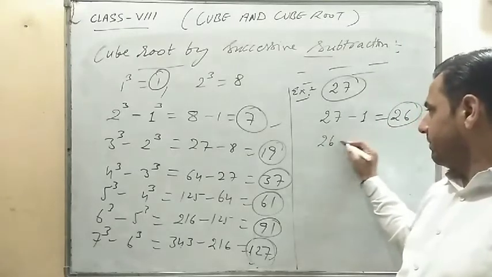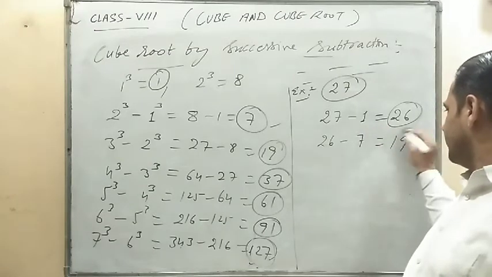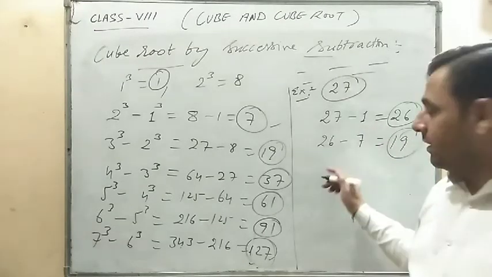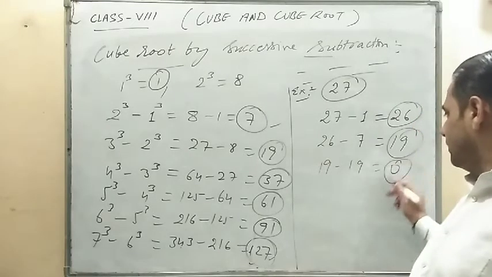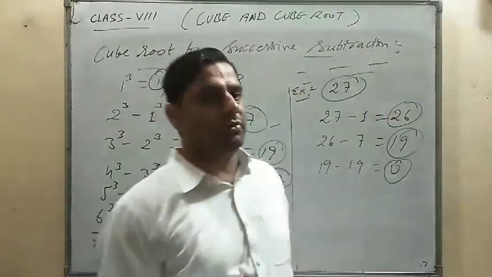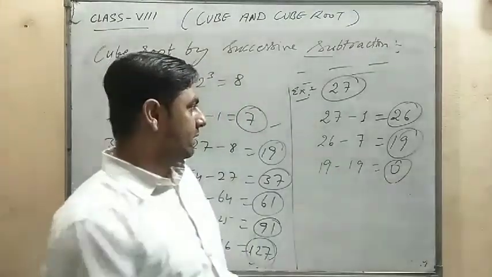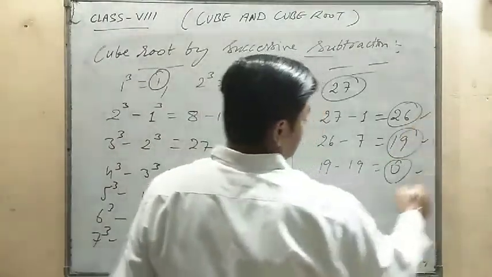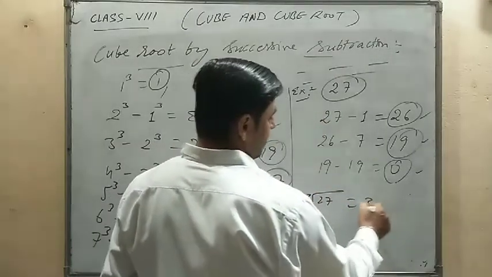Now 26 minus 7, so we get 19. Next, 19 minus 19, now we get 0. So you have to subtract until you get 0. Now it covers 3 steps. So what is the cube root of 27? It is equal to 3.